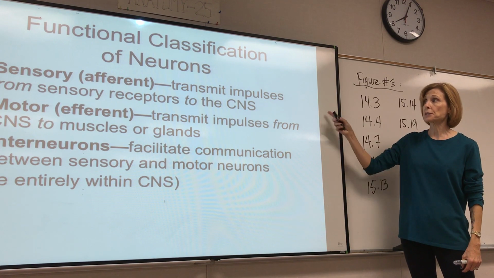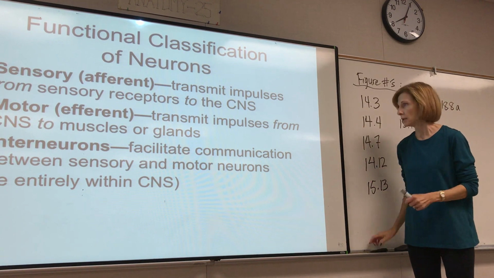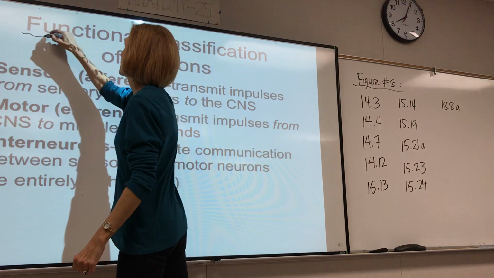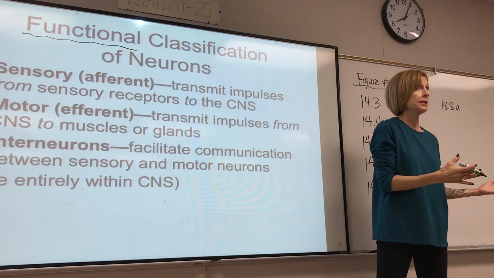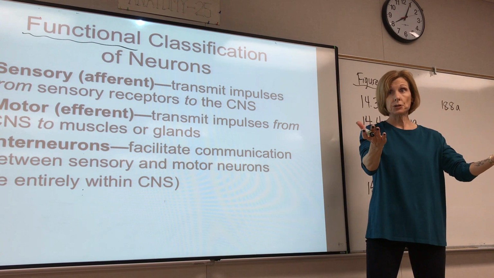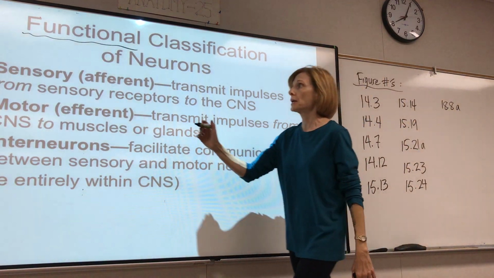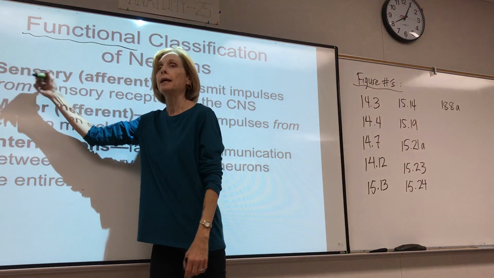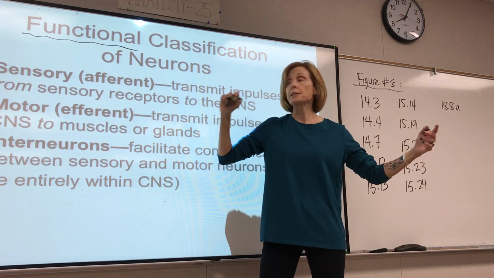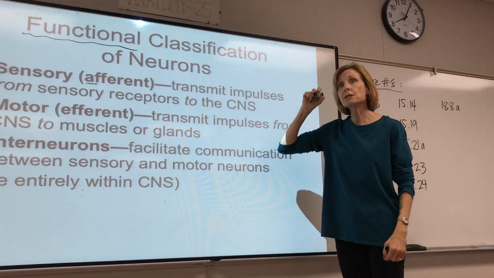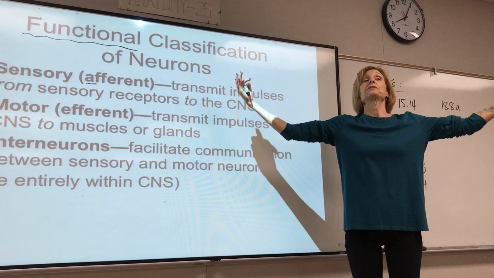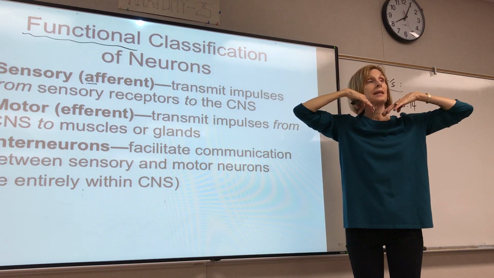Okay, so these are the different types based on their function. Okay, so functional types. We know we have sensory and motor neurons, right? And you guys already know the definition because we've already talked about this. If you think about it, this makes sense. And just so you know, another word for sensory is afferent, with an A. So sensory neurons are going to carry information to the CNS, right?